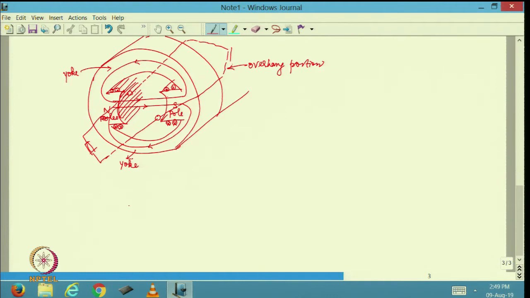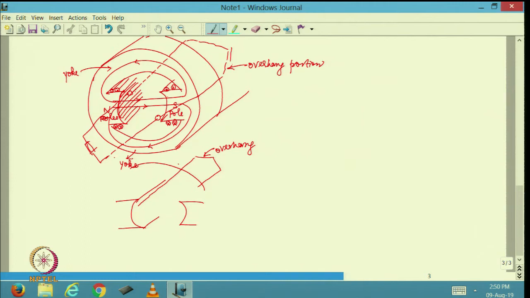The magnetic pole extends only until the machine ends. After that, the conductor bends like this and comes back like this. This overhang portion is useless, but it is a necessary evil, because otherwise I will not be able to get the conductor back.